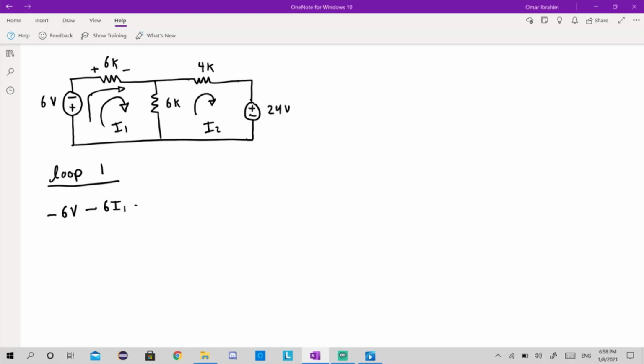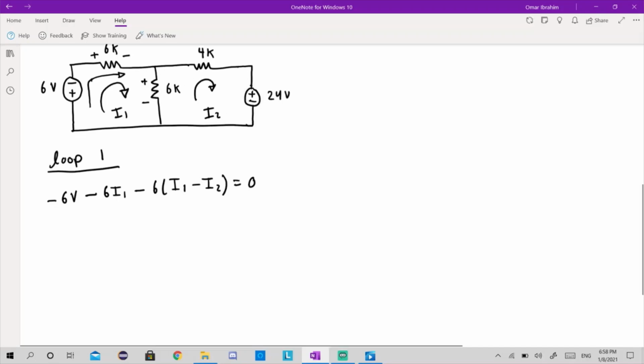So I'm going to have minus, because the polarity is going to be like this if I1 is bigger, minus 6 times (I1 minus I2). And all of that is going to be equal to 0 since we know that law in KVL. Now we could expand out the 6 and simplify some stuff here.